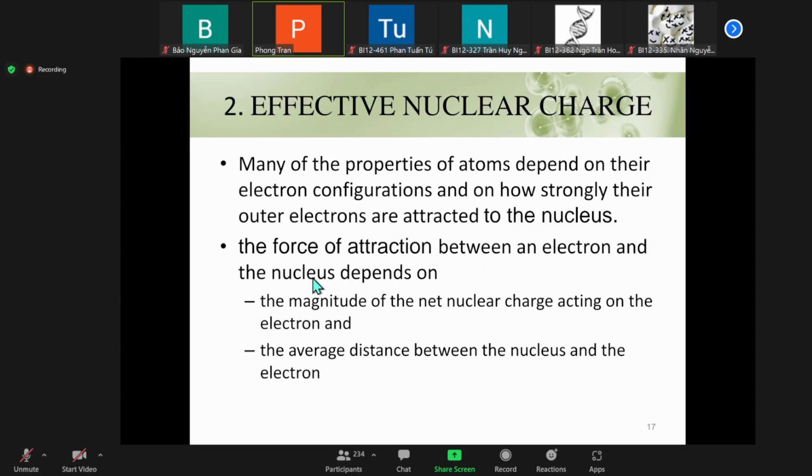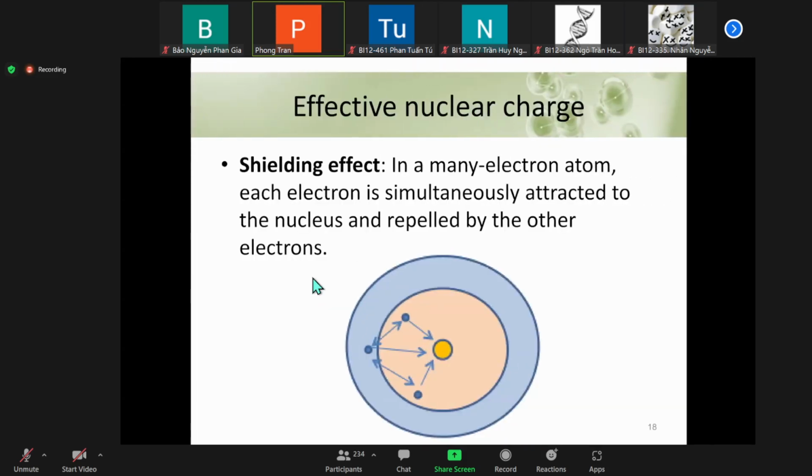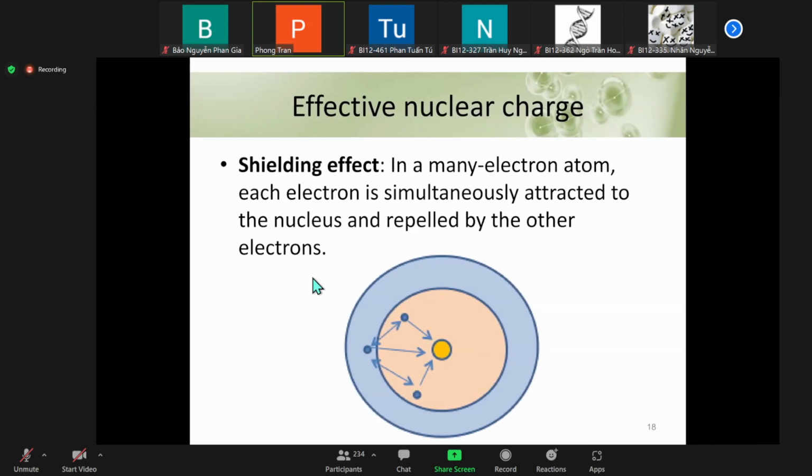Why do we say the net nuclear charge acting on the electron? So imagine that you have one atom. Here you have a positive charge nuclei, and we are talking about the outer layer electron here. You have an interaction of this electron with the nuclei, one negative charge and one positive charge. But also in between the electron and the nuclei, you have a second layer of electrons.